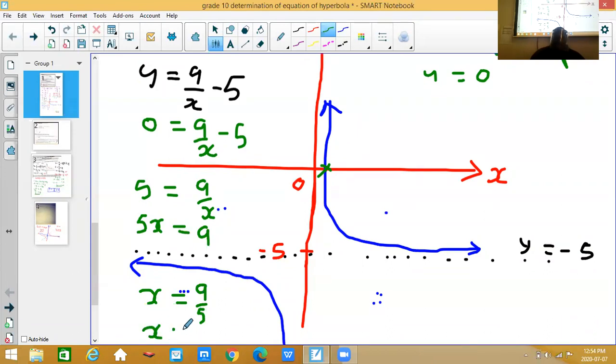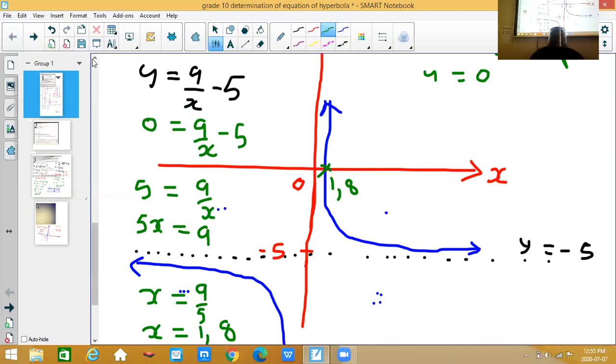Can you use your calculators and tell me what you get? 1,8 exactly, right? So we are saying this is the x-axis intercept. So 1,8, it is here. It is cutting at 1,8. And the coordinates here is (1,8; 0), right?